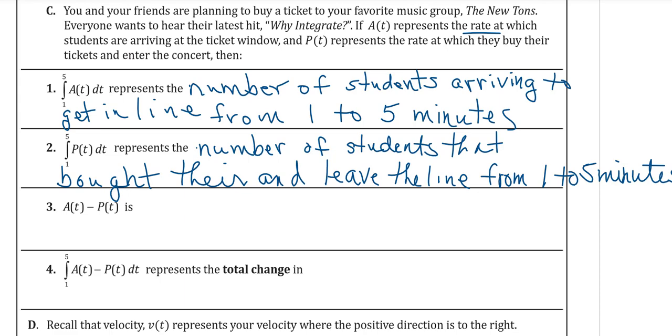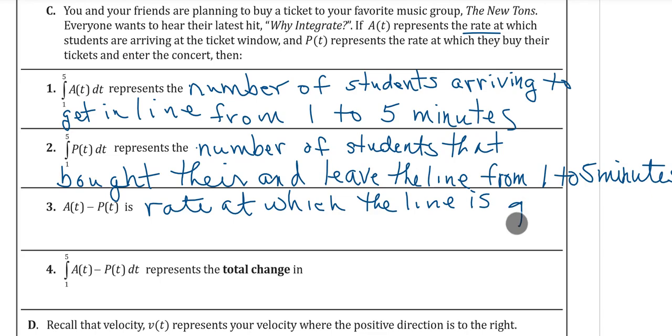Okay, and so if we're taking A of t minus P of t, we haven't integrated, so this is a rate. So this is the rate at which the line is either growing, depends on how fast they are, or shrinking.